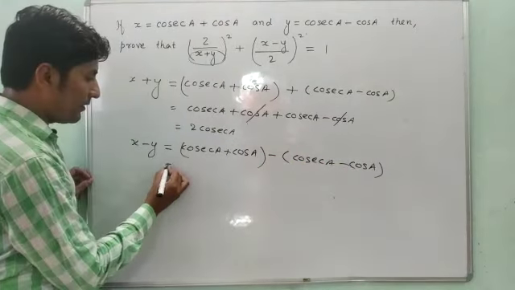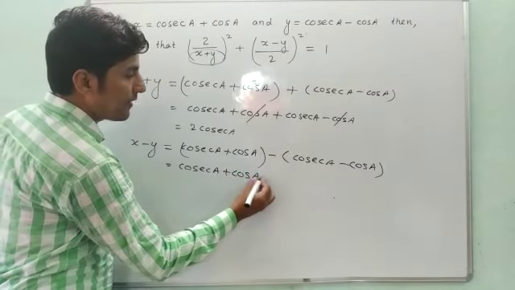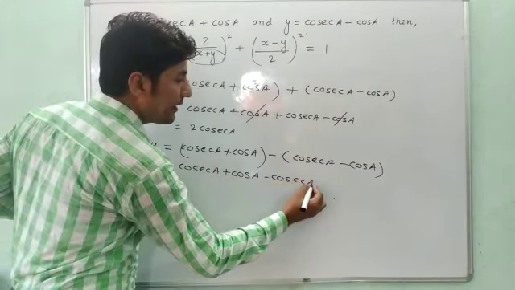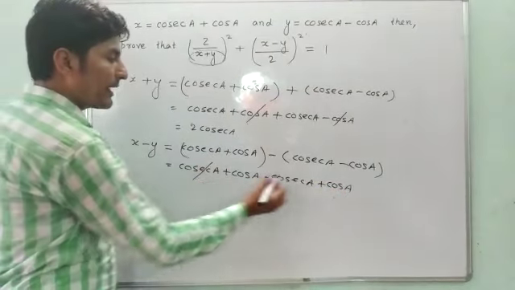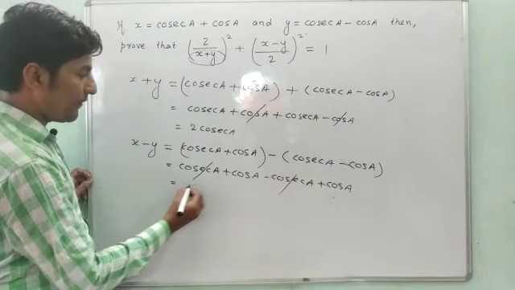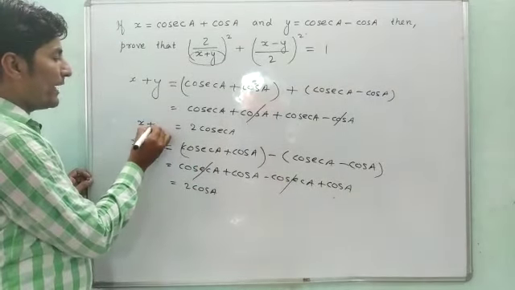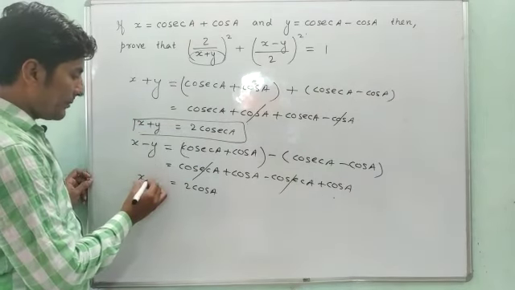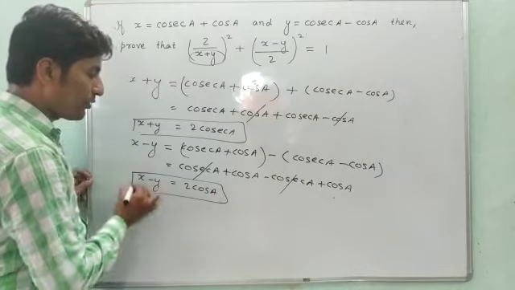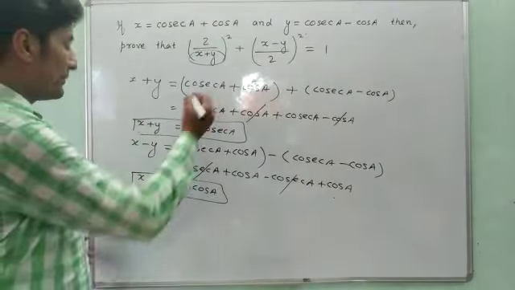Then we open the bracket: cosec a plus cos a minus cosec a plus cos a. So plus cosec a minus cosec a, both will cancel. Finally we have 2 cos a. So the value of x plus y we got is 2 cosec a, and x minus y equals 2 cos a.